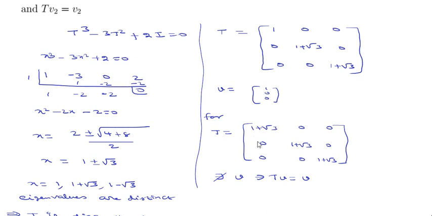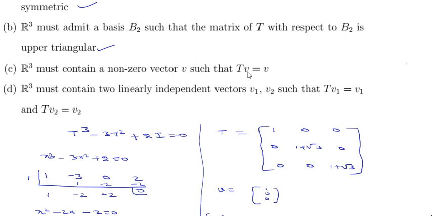So for this matrix there exists no V such that TV is equal to V. Therefore condition C is wrong, and automatically condition D will also be wrong. Here there exists no single vector; we would need two vectors. Therefore options C and D are wrong.